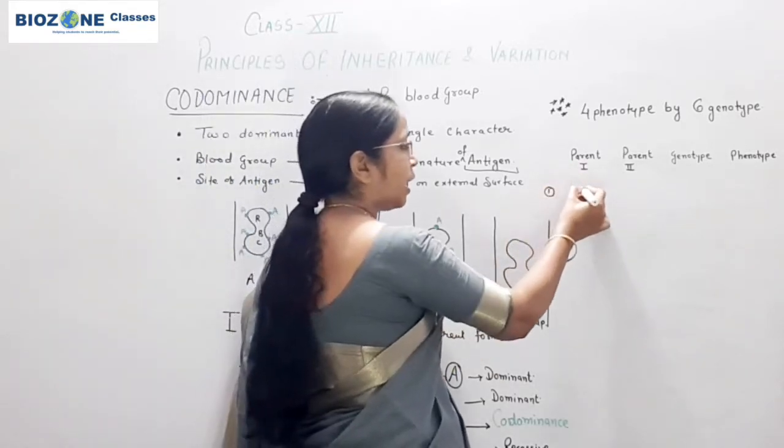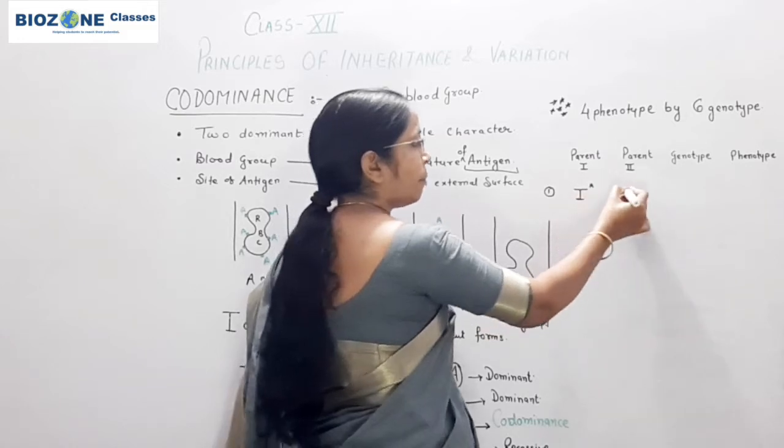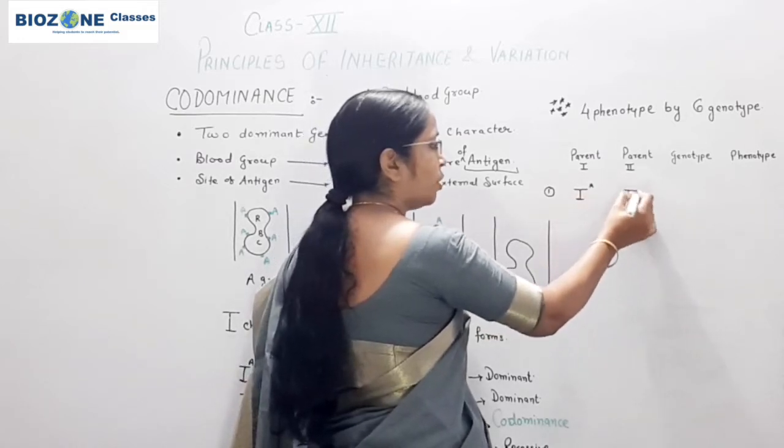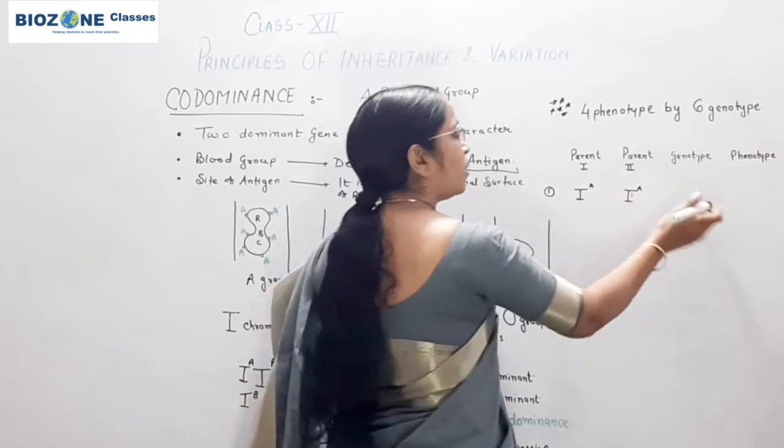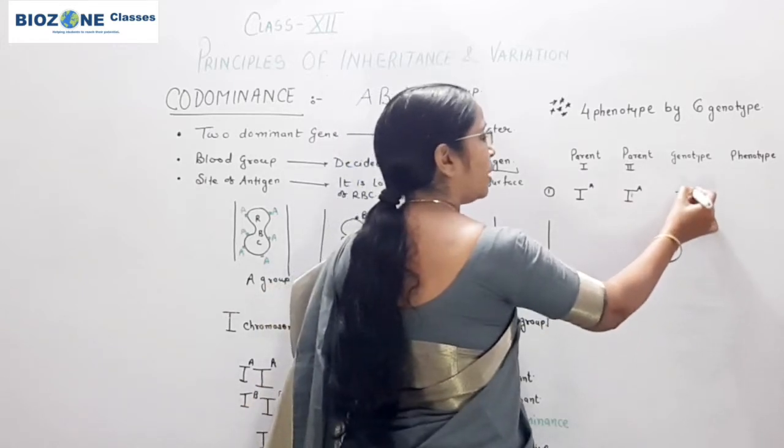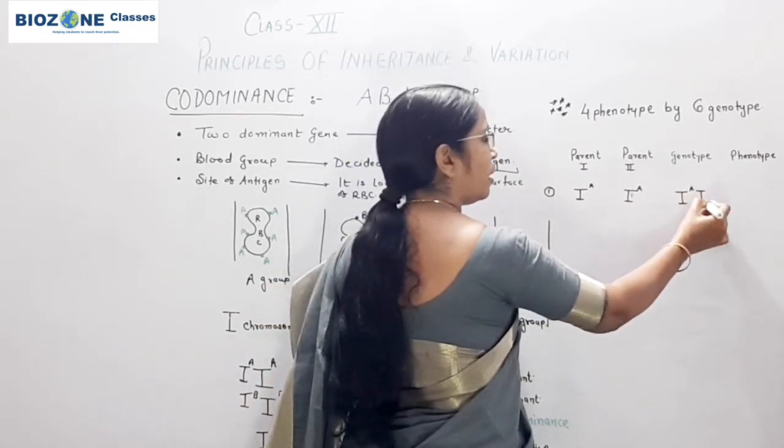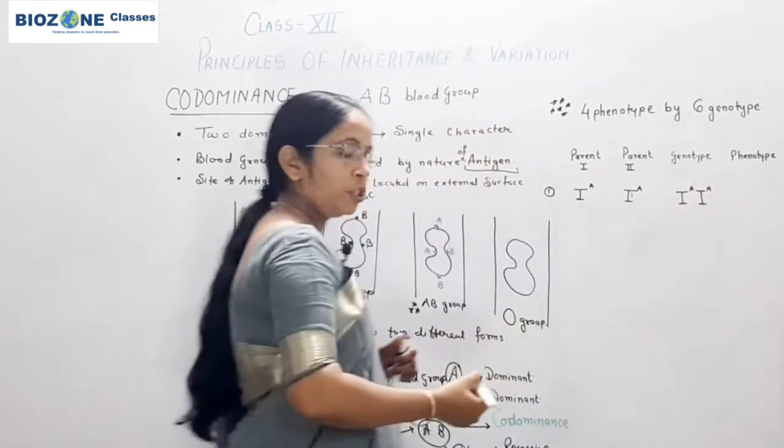If the parent contributes IA and the second parent also contributes IA, the genotype of the progeny becomes IAIA, a homozygous condition.